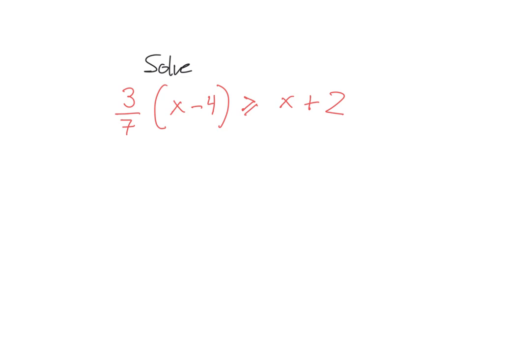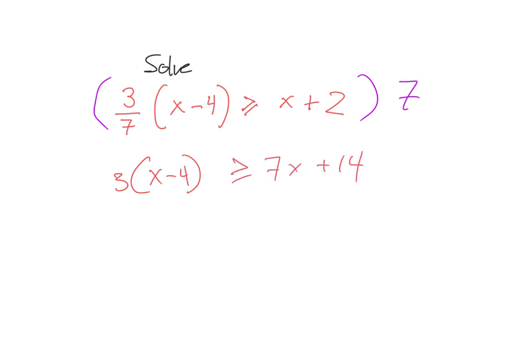So here we go. Do you like fractions or not? If you don't, we're going to multiply everything by my common denominator. There is only one denominator. Going to multiply everything by 7 and then distribute. I'll be left with 3 parentheses x minus 4 greater than or equal to 7x plus 14, so 3x minus 12 greater than or equal to 7x plus 14.